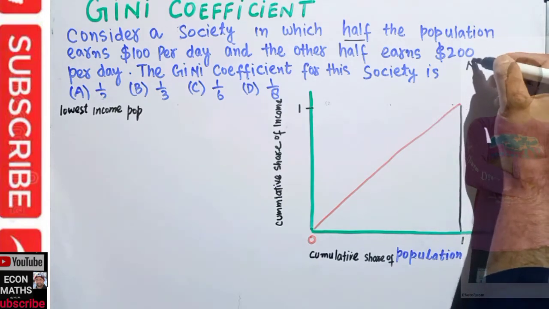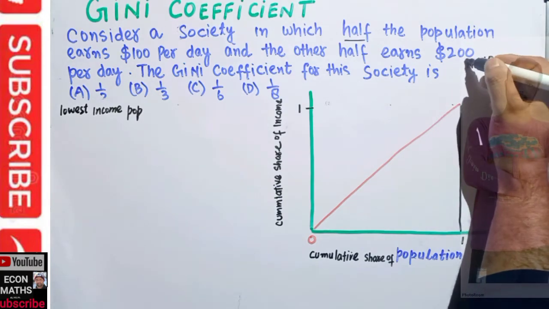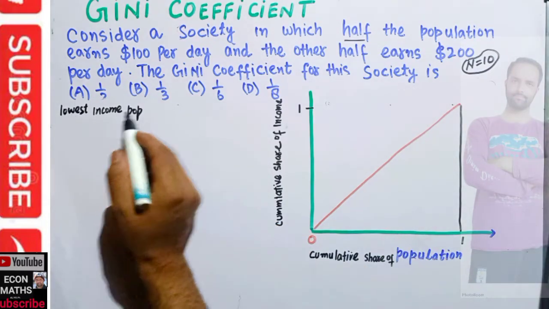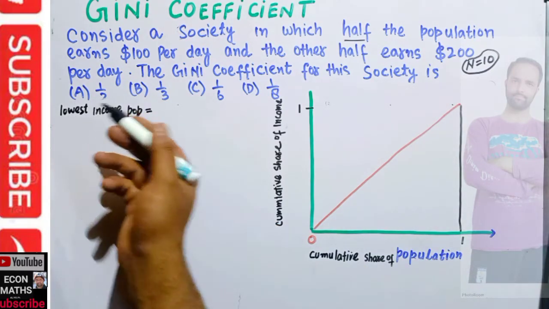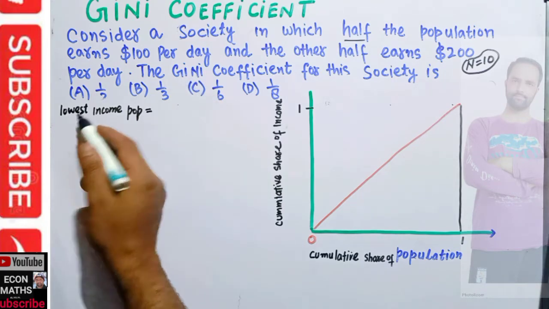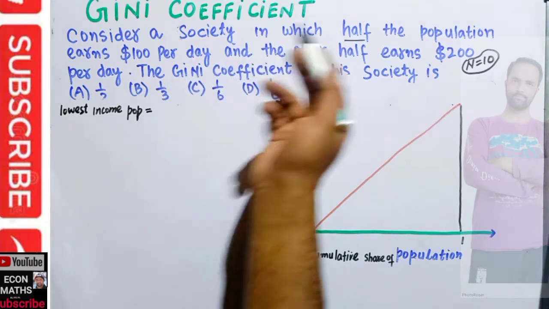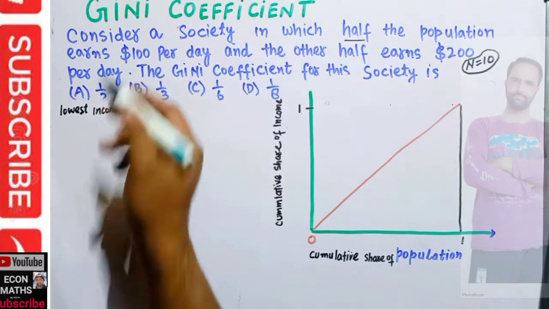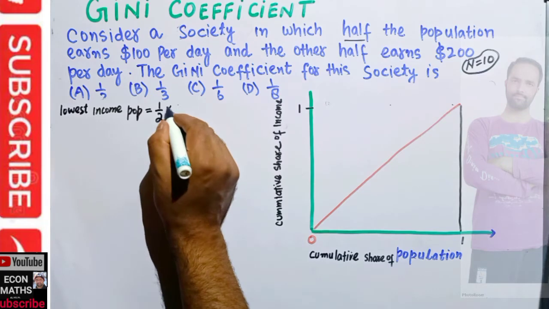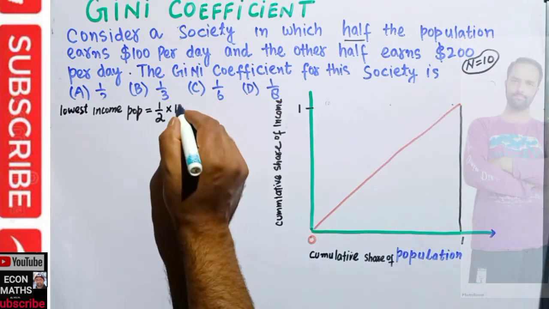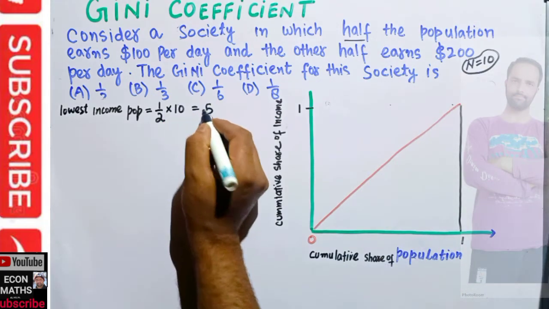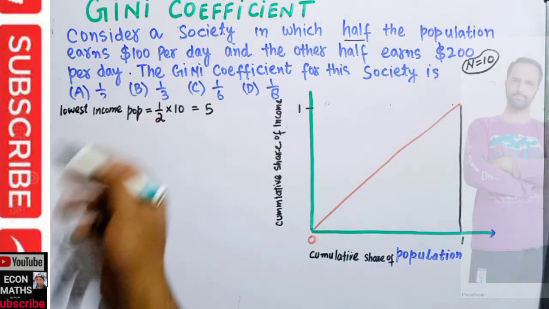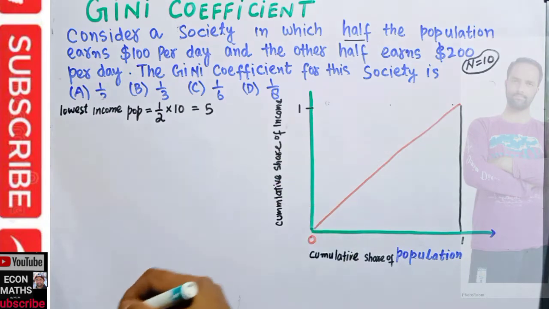You can take any number. Then the number of persons who earn the lowest income will be one half times 10, since we are told one half of the population earns $100. That means 5 people in this economy earn $100. This is the lowest income population.